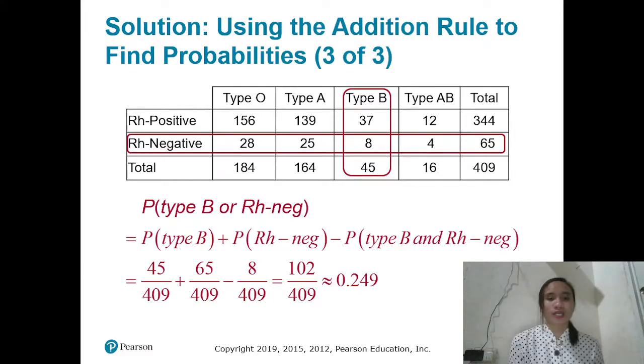Copy the denominator, then 45 plus 65 minus 8 is equal to 102 over 409, rounded off to the decimal 0.249.